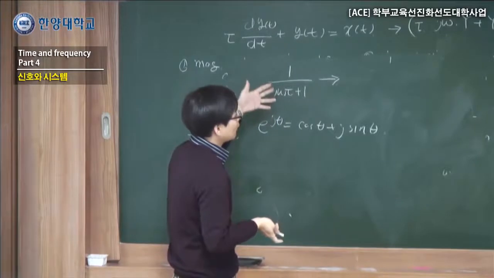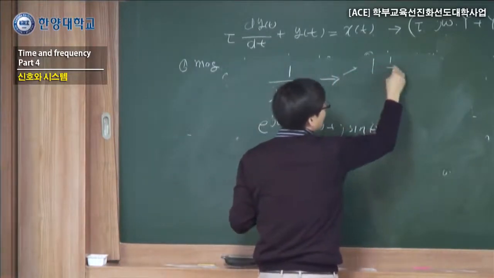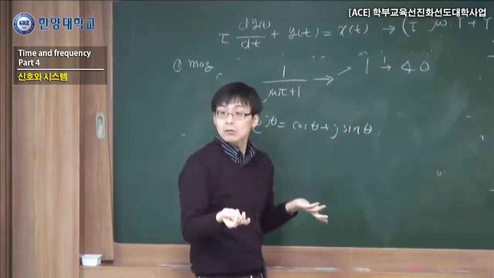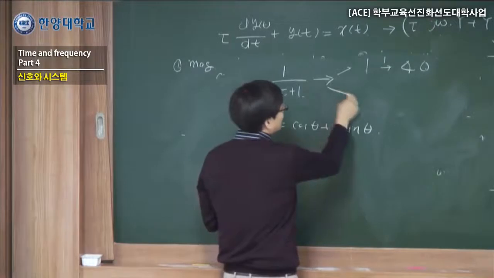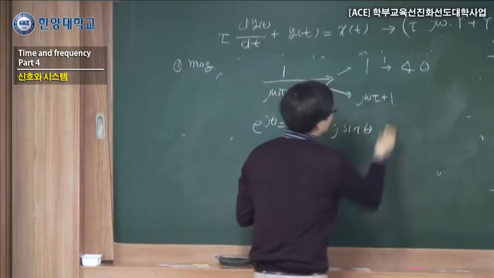So let's divide this into 2. The numerator is 1, which doesn't have any phase because it's real. In the denominator, they are j omega tau plus 1.